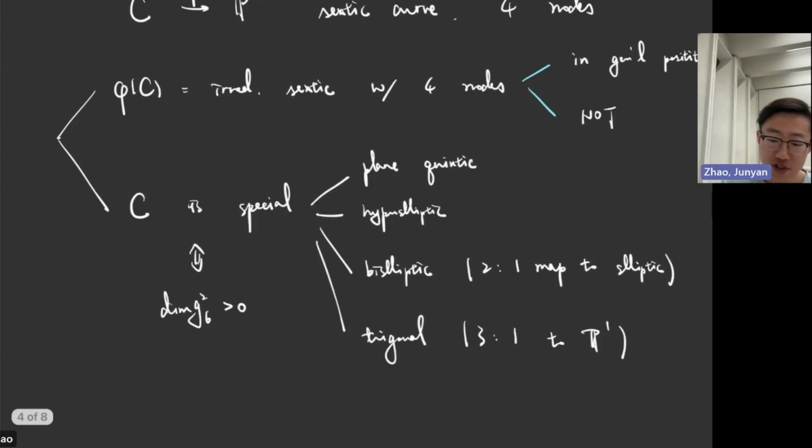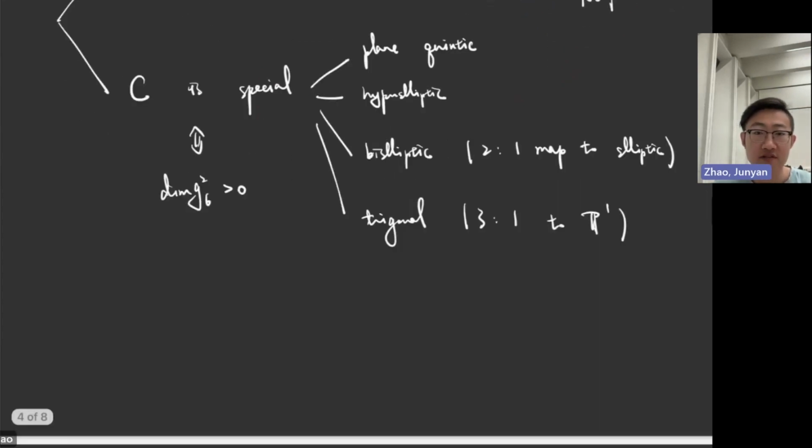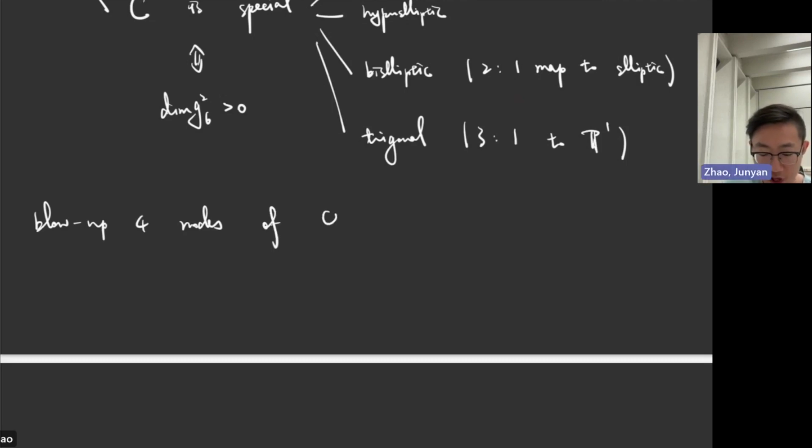Okay, now let's first focus on the general case, meaning that your image is an irreducible plane sextic with 4 nodes in general position. In this case, if we blow up the 4 nodes of our image in P2, you'll get a blow up of P2 at 4 points.